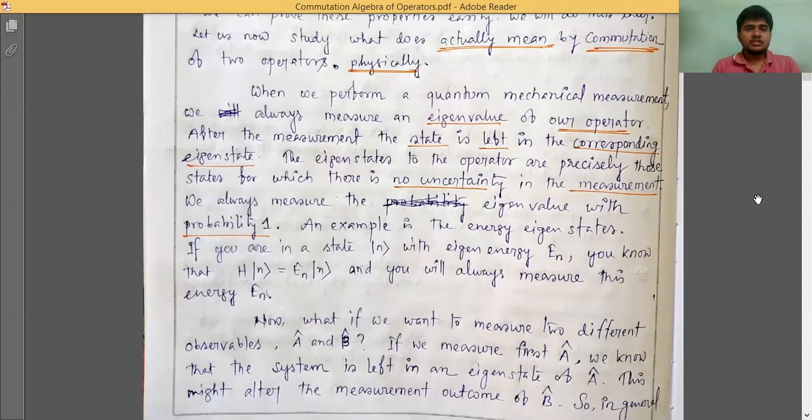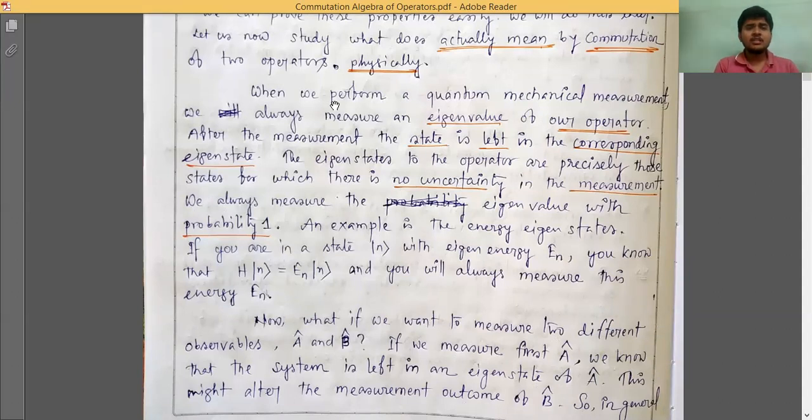Now let's study. When we perform a quantum mechanical measurement, we always measure an eigenvalue of our given operator. After the measurement, the state is left in the corresponding eigenstate. The eigenstates of the operator are precisely those states for which there is no uncertainty in the measurement. We always measure the eigenvalue with probability 1.